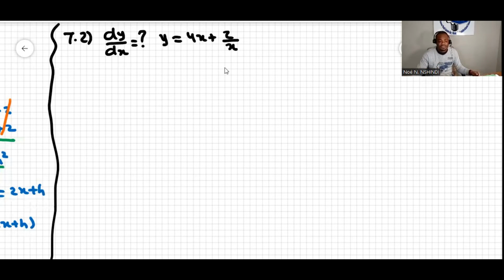But for grade 12, it's better if we transform the function. So instead of writing y equals 4x plus 2 over x, I can write y equals 4x plus 2x to the negative 1.